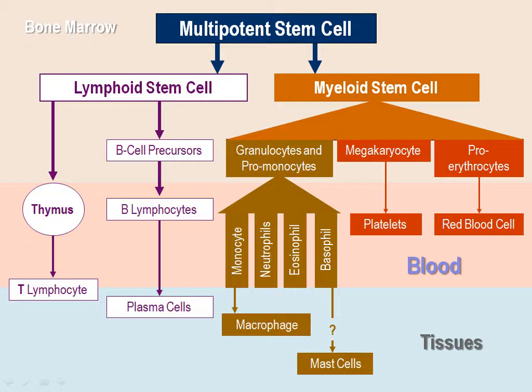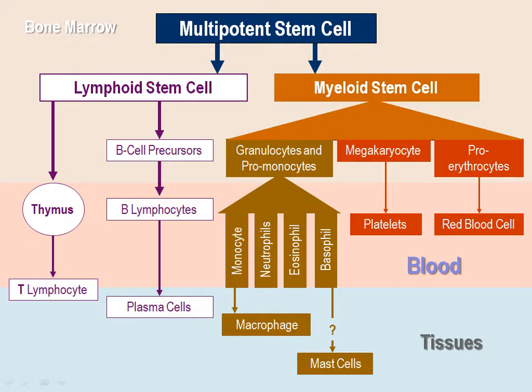By the same token, from the lymphoid stem cells, also in the bone marrow, we produce the B cell precursors. These B cell precursors, in the form of B lymphocytes, can appear in the blood, and later, as we see, B lymphocytes can change into plasma cells in the tissues of the body.